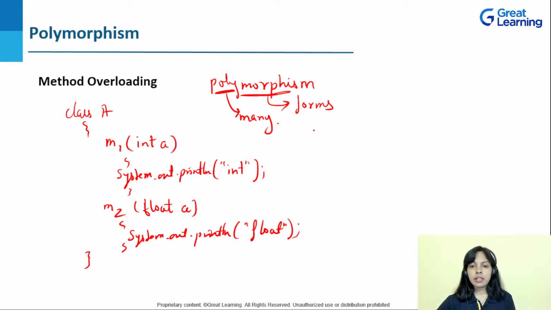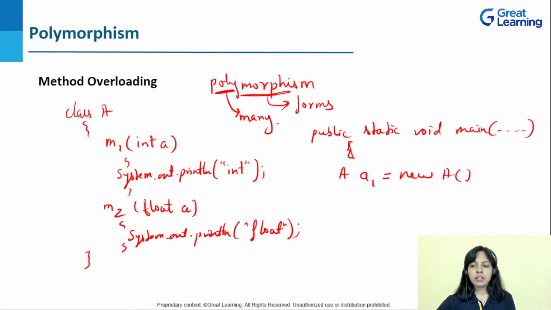Now, inside public static void main, string args, which I'm not writing but you can assume it is written, if I create an object of class A and call a1.m1 and pass an integer 3, which method will be called?